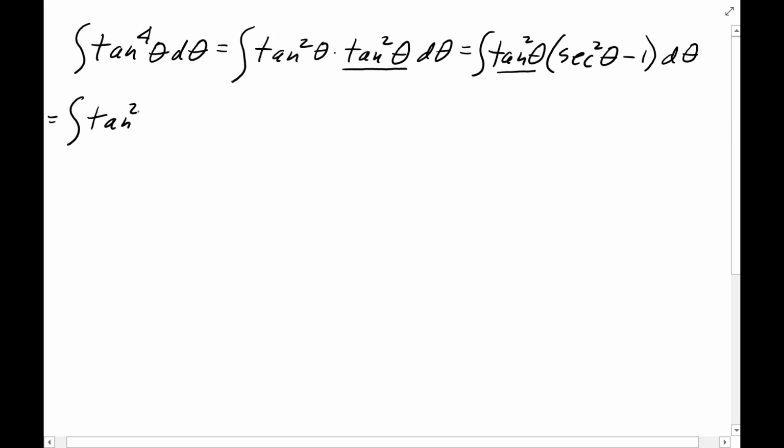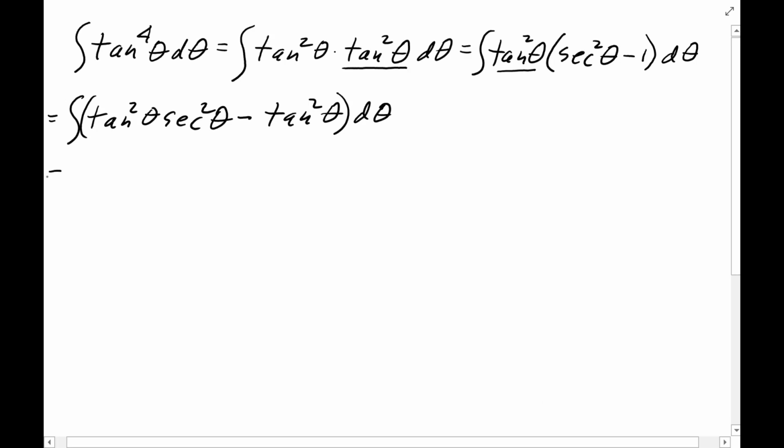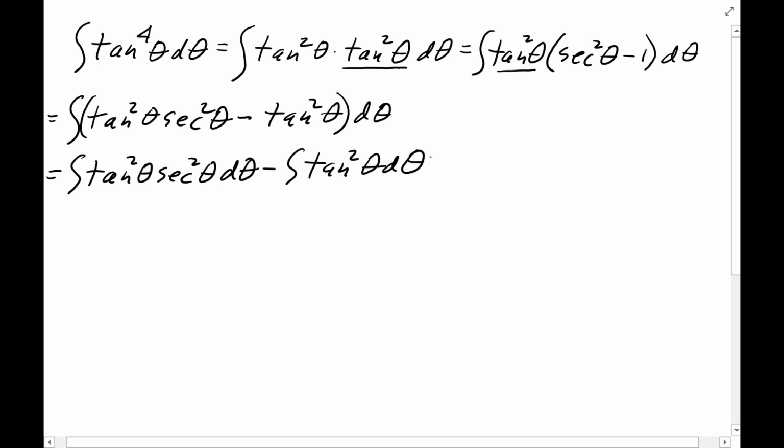So I get tangent squared theta times secant squared theta minus tangent squared theta. And then I'm going to break this up into two integrals. Tangent squared theta, secant squared theta, d theta, minus the integral of tangent squared theta, d theta.